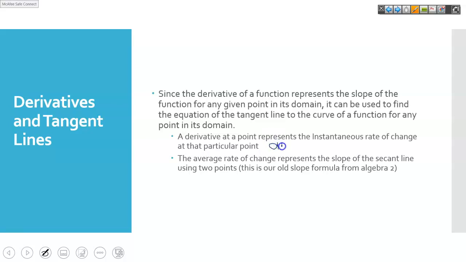So if you want to put like dy dx in there to remind yourself, average rate of change is your f of b minus f of a all over b minus a, AKA change in y over change in x.